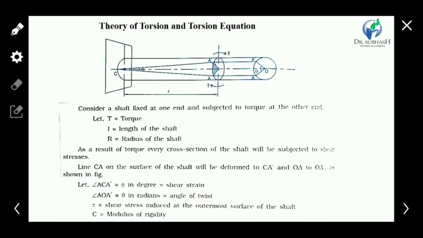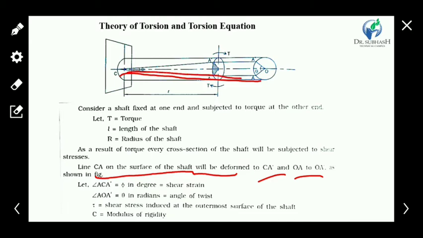The line CA on the surface of the shaft will be deformed to CA dash after the torque is given, and OA to OA dash.